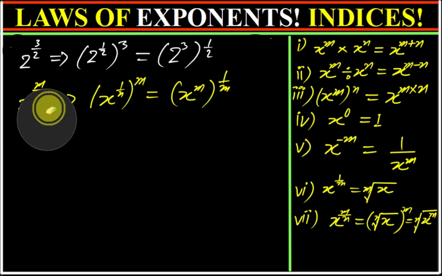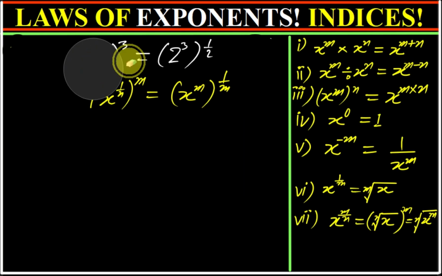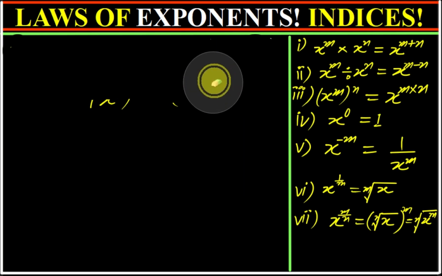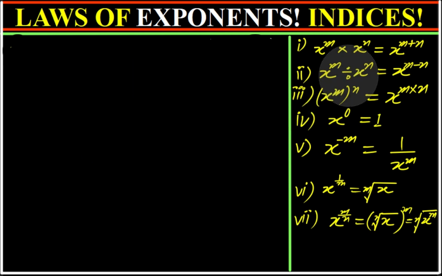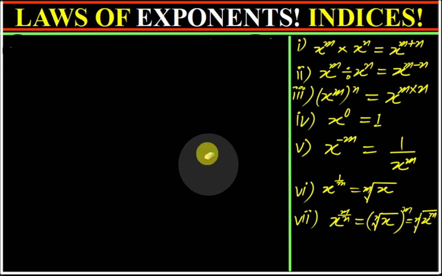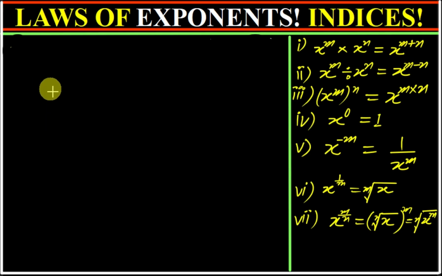Another law of exponent is if we have different bases. See, till now, all the laws of exponents we used were valid for the same bases. Now if bases are different but power is same, that we can say the eighth law of exponent.